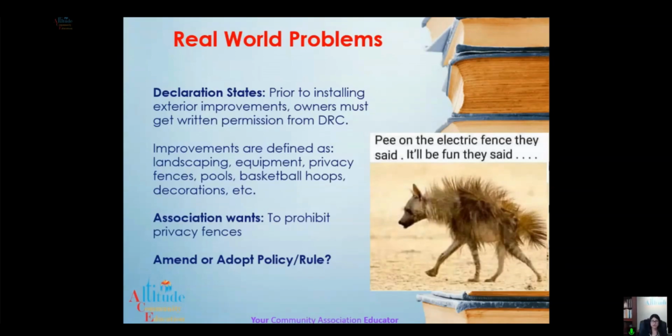And you also aren't going to be able to have rules that say, even if you ask for a privacy fence, you still can't have it. Like, you can't effectively prohibit them by putting so much in the rules that you're essentially prohibiting them. So you are going to have some reasonable criteria for the privacy fences, but you're not going to be able to prohibit them. If you want to prohibit them, then it's going to be a declaration amendment.